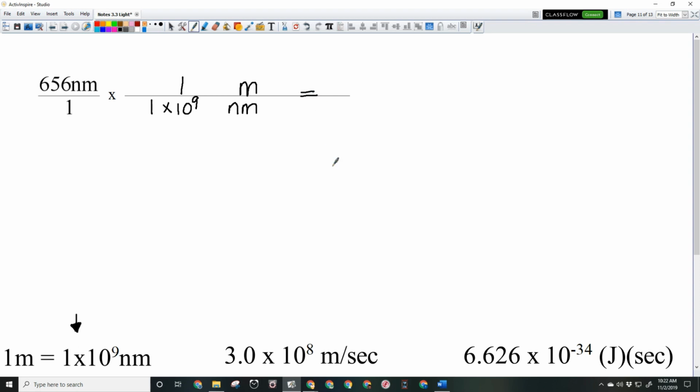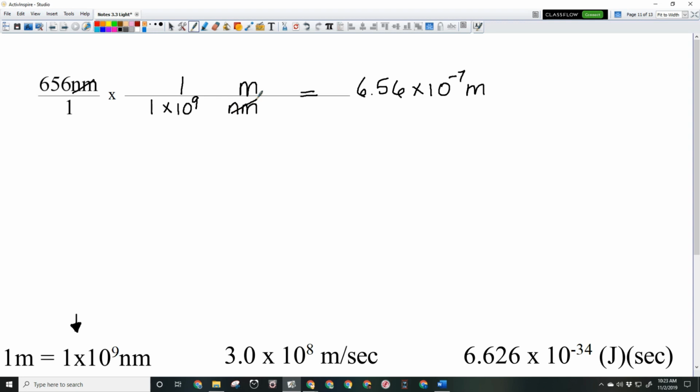When we get our calculator and do this calculation, we see 656 divided by 1 times 10 to the 9th meters is going to be 6.56 times 10 to the negative 7th meters. Why meters?